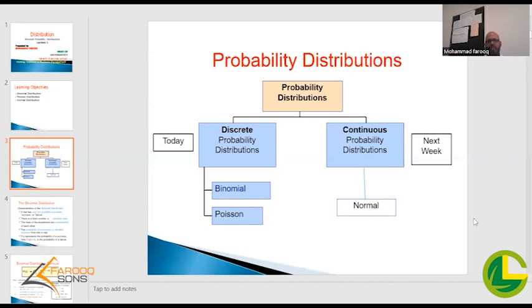For example, student height or weight in a class, you measure it. So when the variable is discrete, we use discrete distribution.